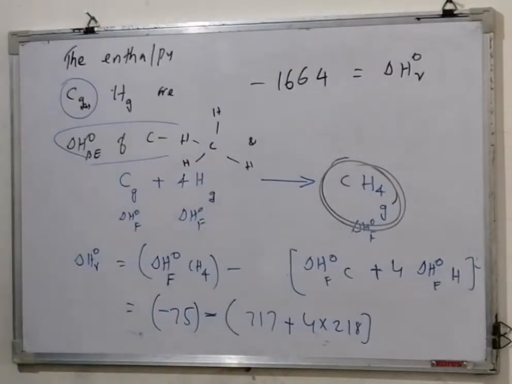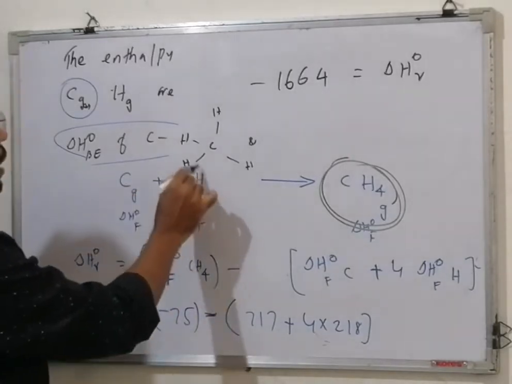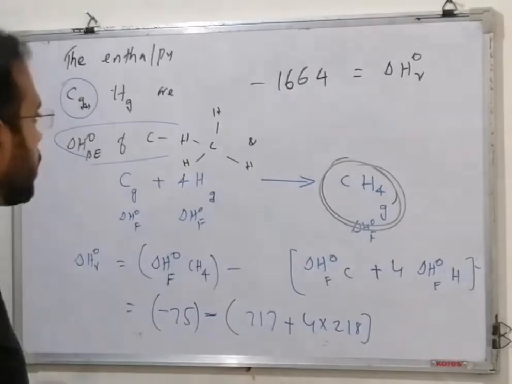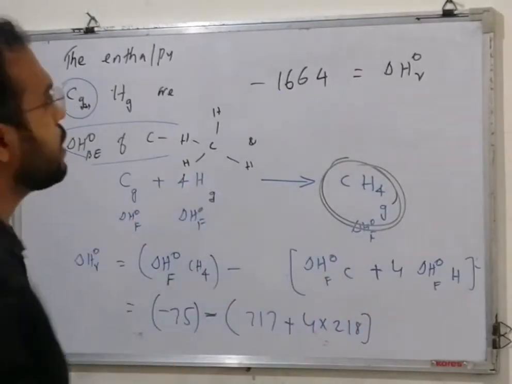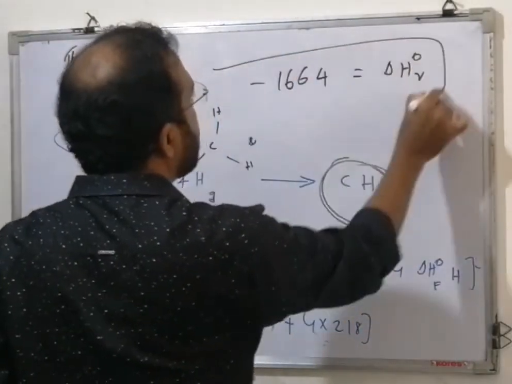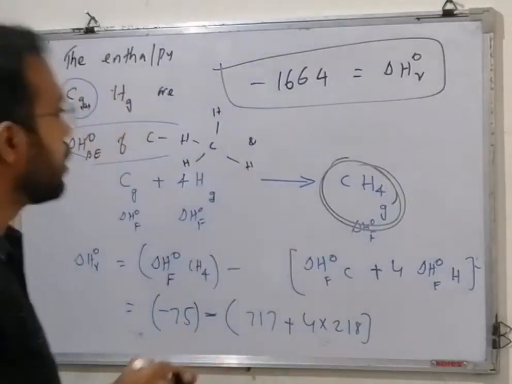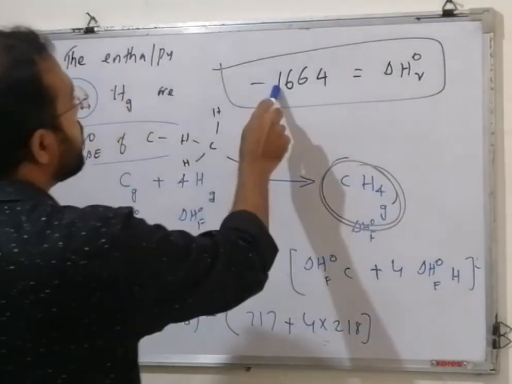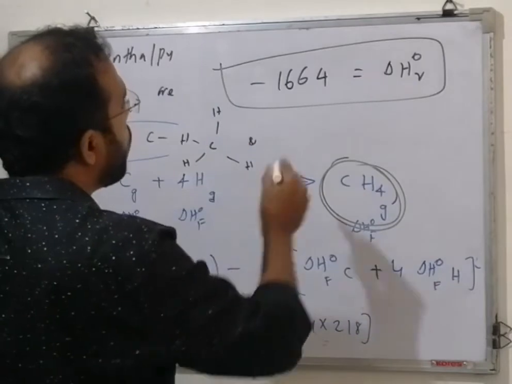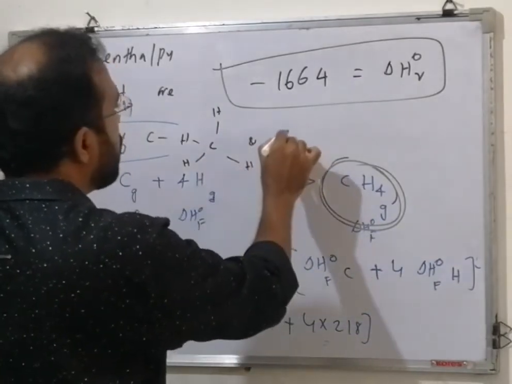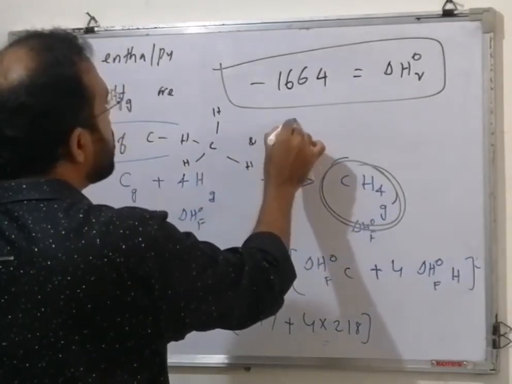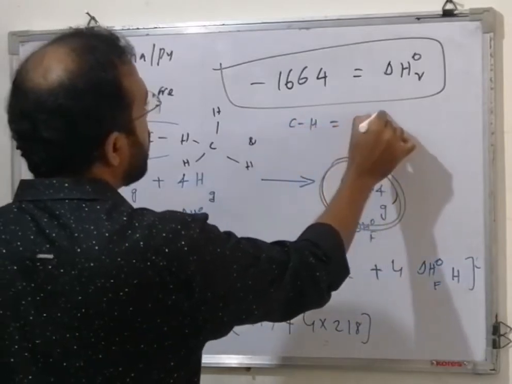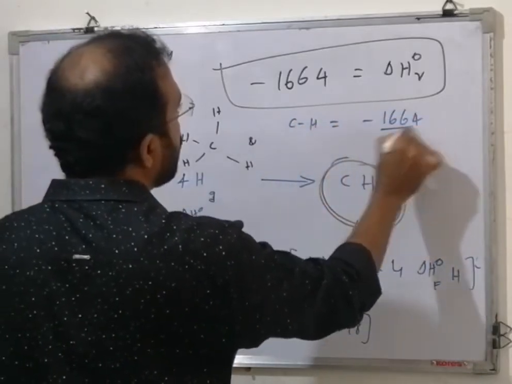In this reaction, nothing else happened. A gaseous carbon atom, around which 4 hydrogens just joined. For that reaction, this much heat is released. Therefore, this is the heat released by formation of 4 CH bonds. Therefore, heat released by 1 CH bond is minus 1664 by 4.